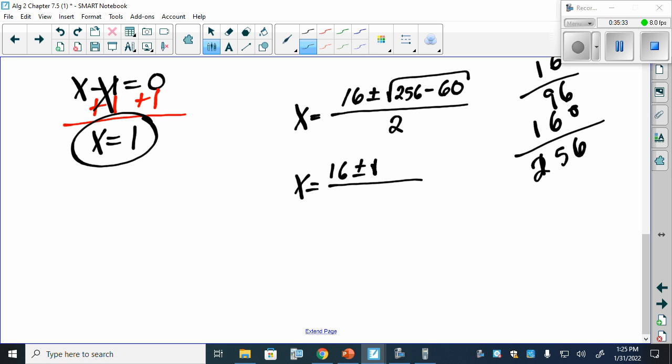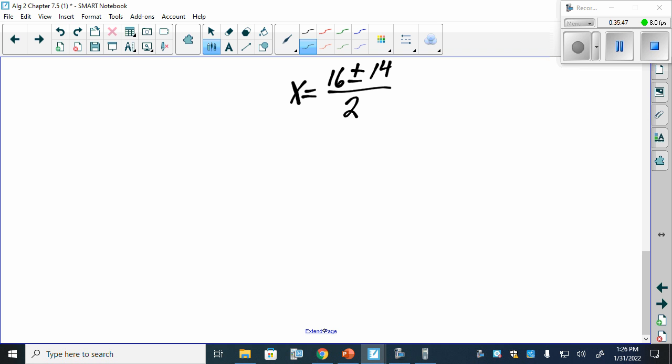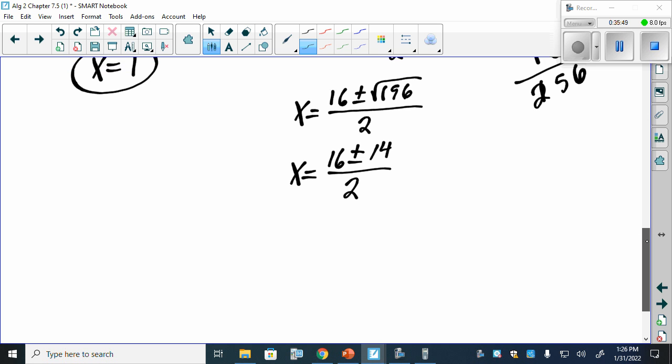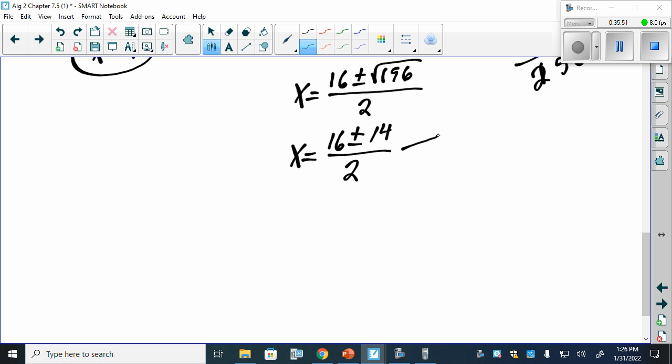16 plus or minus the square root of 196 over 2. Well, it actually works out that the square root of 196 is 14. Now we're almost finished with this here. We do need to add and subtract because since we can add 16 and 14 and we can subtract them, we do need to do that.